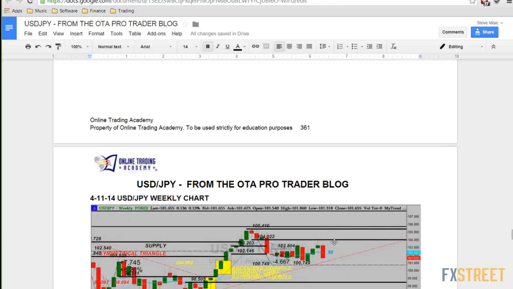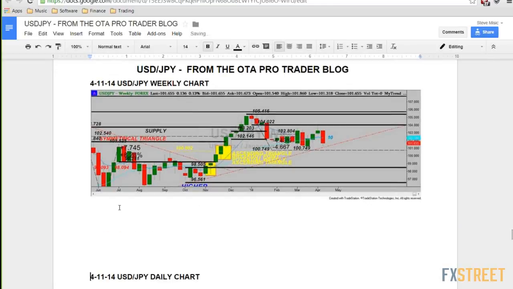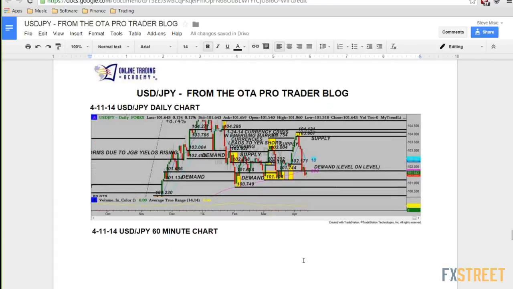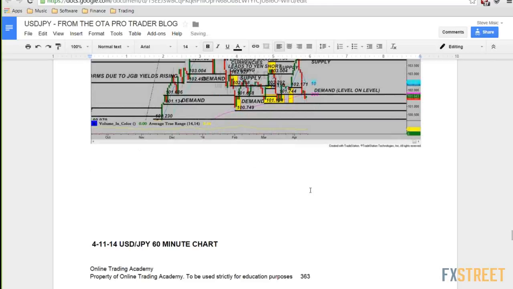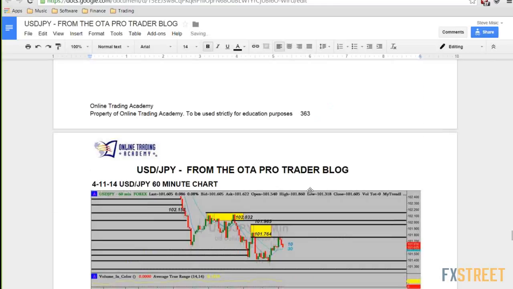And now you can see that our weekly chart of the dollar versus the yen is extremely bearish, very, very bearish looking chart, as is our daily chart. But we seem to be, once again, finding buyers every time we have even a hint of weakness in this area at around 102. And we come flying out of that area at 102.